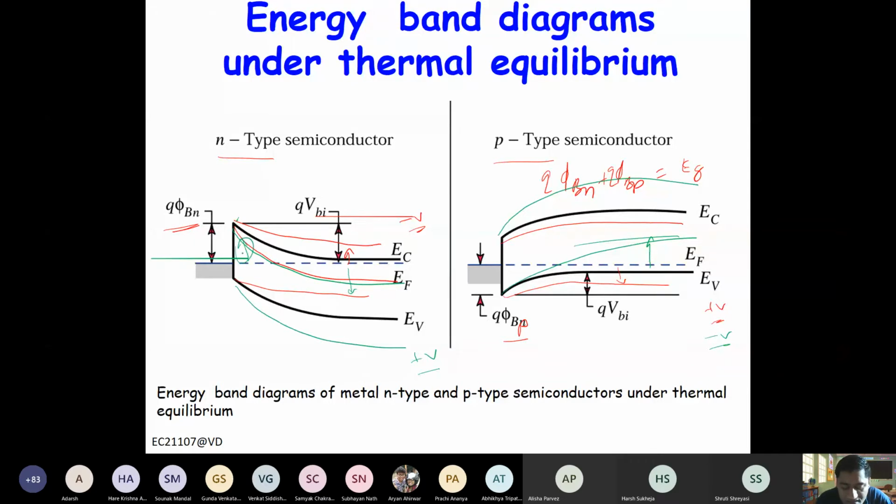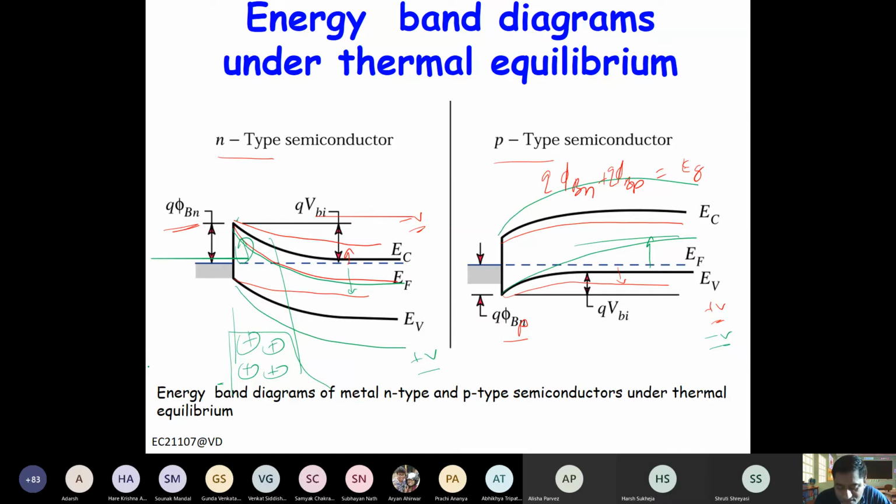That means electrons are less here. Here electrons are the same as the dopant. That means this region is a depletion region where a lot of donor ions are there and electrons are less in number. So the corresponding negative charge will be accumulated on the metal. Now in the semiconductor it is distributed, right? In metal we know field cannot exist inside the metal, so all the charge has to be at the surface only.